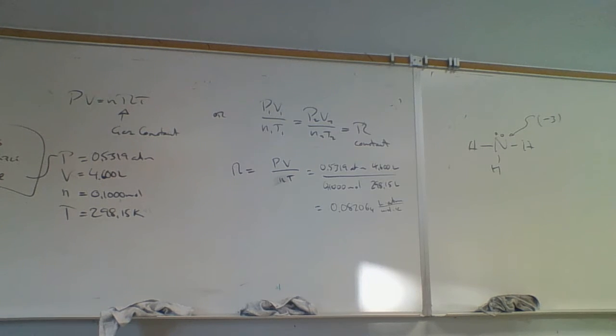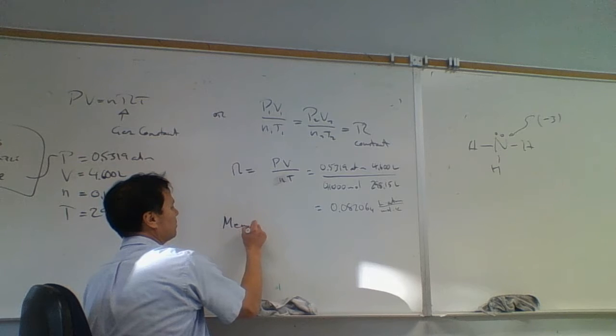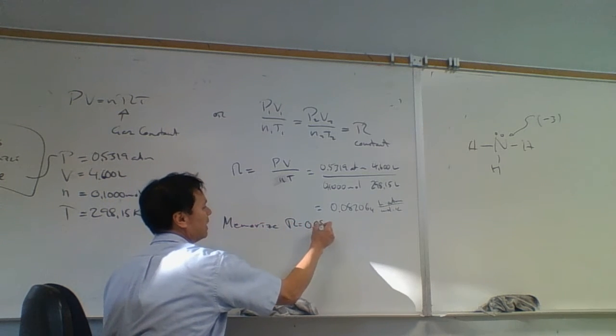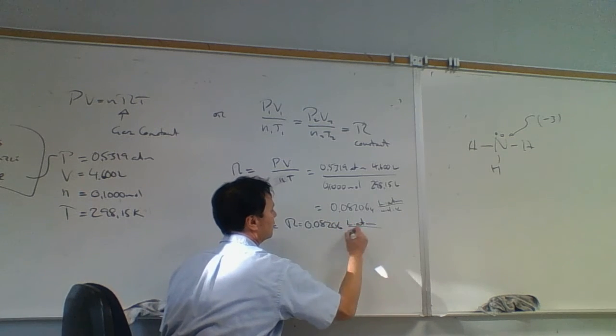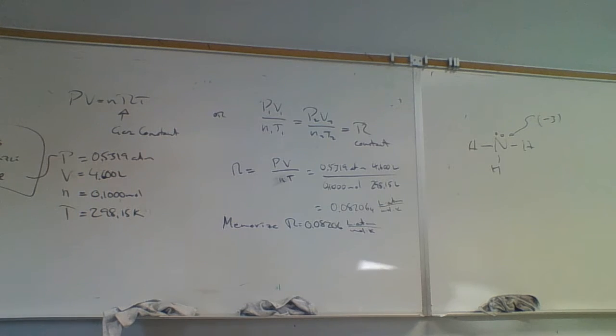But you should memorize it. What should you memorize? You should memorize R. So start memorizing this. Memorize that R is equal to 0.08206 liters atmosphere per mole Kelvin. We use this number all the time when we do calculations.